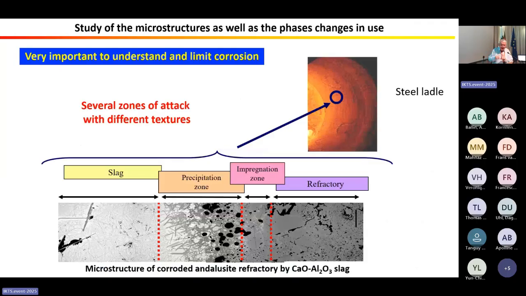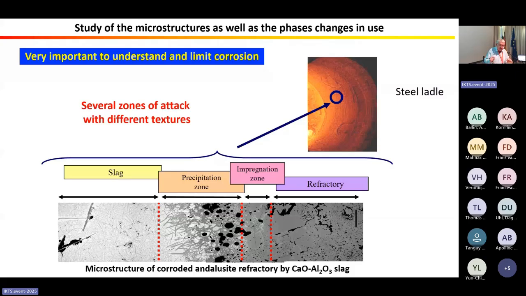But it's very important to study the microstructure before and after corrosion to determine the evolution of the microstructure and the phase change in use. It's very important to understand and then to limit the corrosion. Here you have an example of a steel ladle, and we observe a sample.